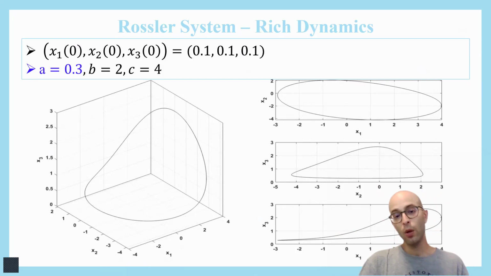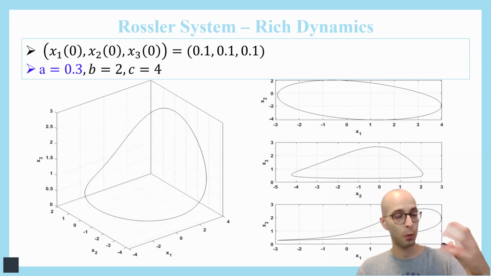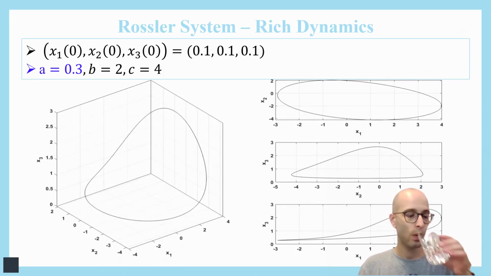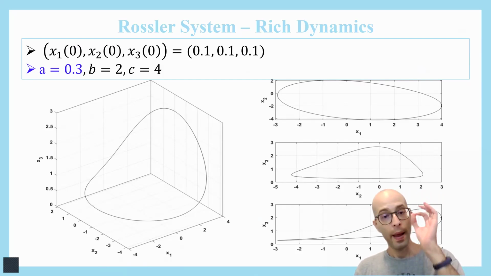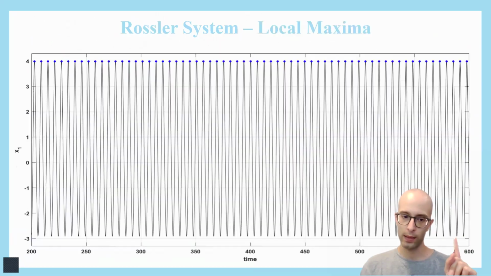In order to quantify what type of behavior I have here, the best technique, and it is basically the technique that we will use in the bifurcation diagram, is to consider any state of our choice, x1, x2, or x3, it doesn't matter, and plot its local maxima after we discard the transient.